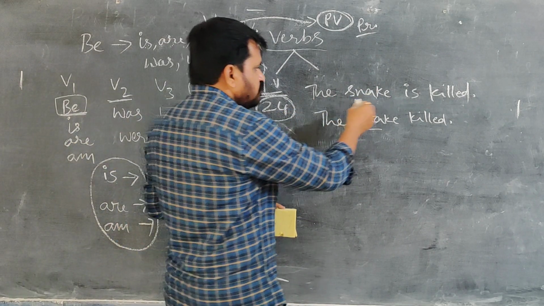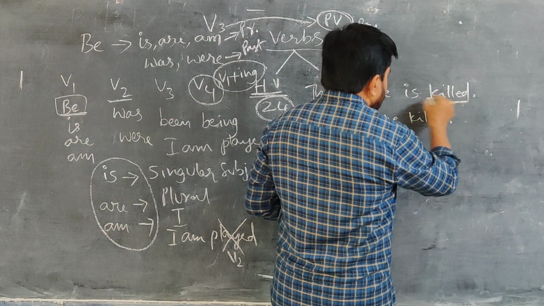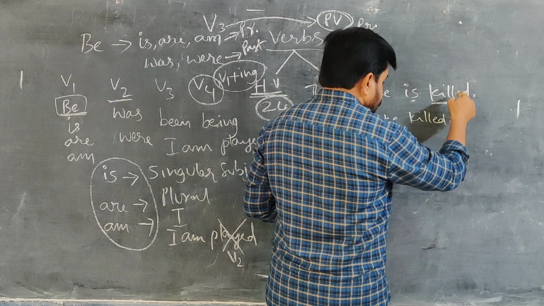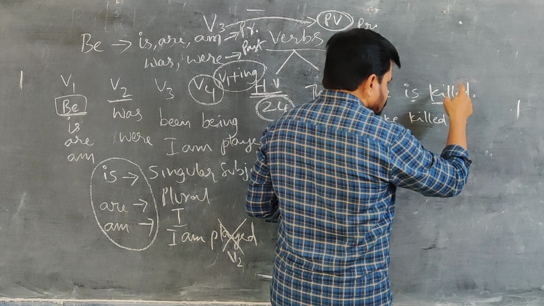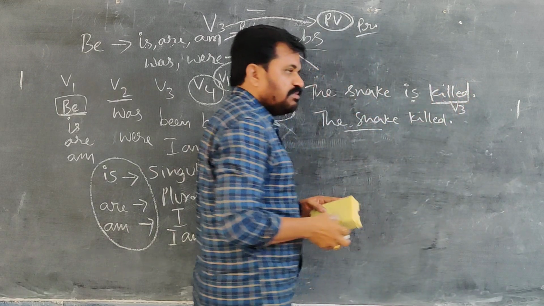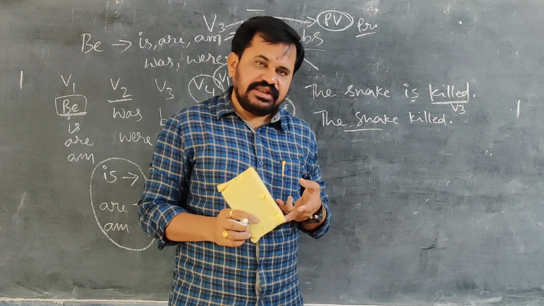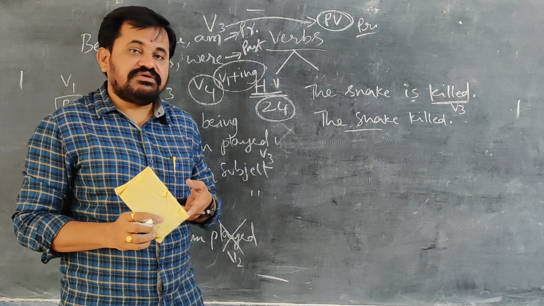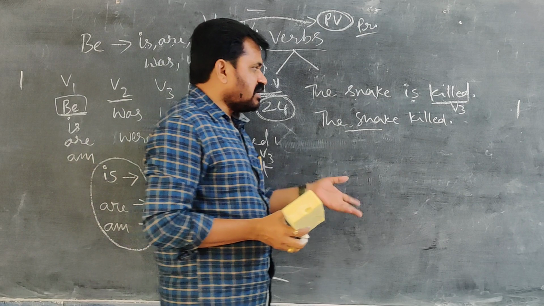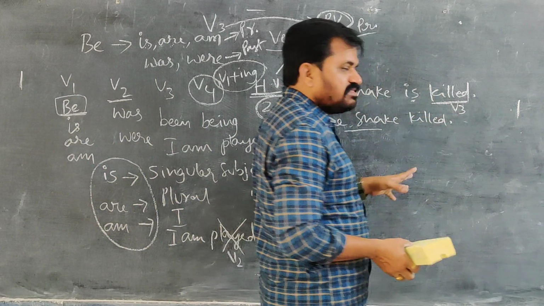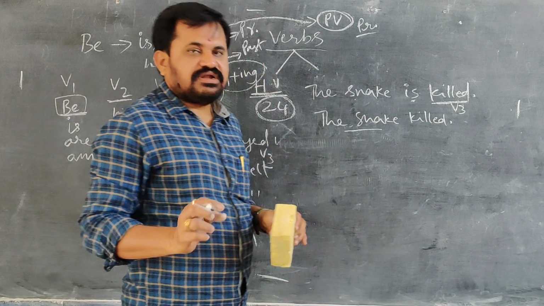So here, whenever you use killed after is, it is not V2, sorry, you must consider it as V3 only, because kill is V1, killed is V2, and killed is also V3, after that killing. So don't get confused, thinking maybe it is V2, why is he writing V3. There is no structure at all.